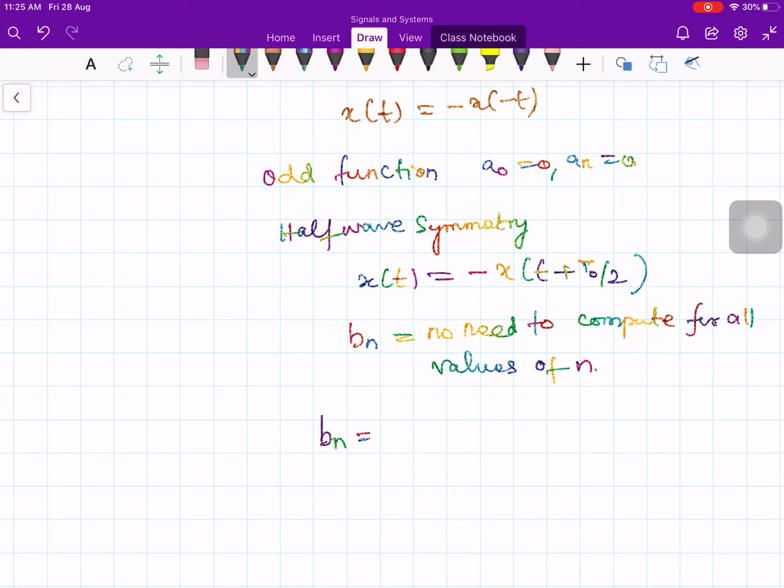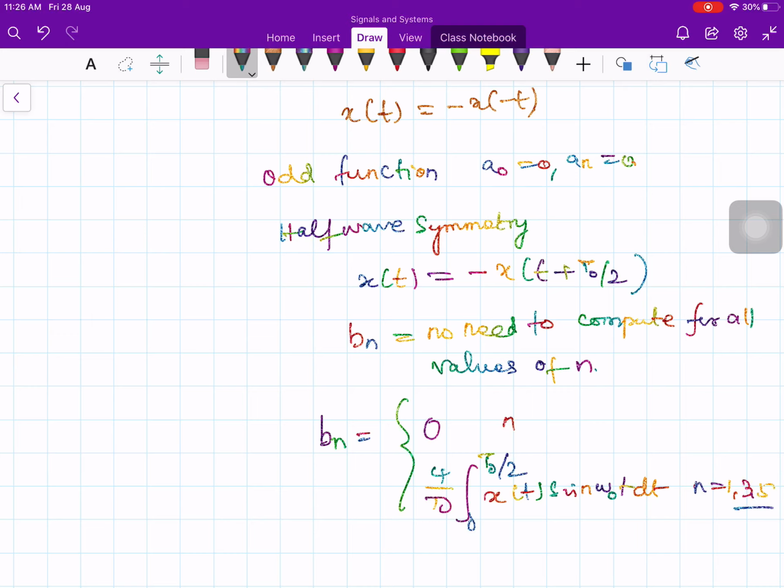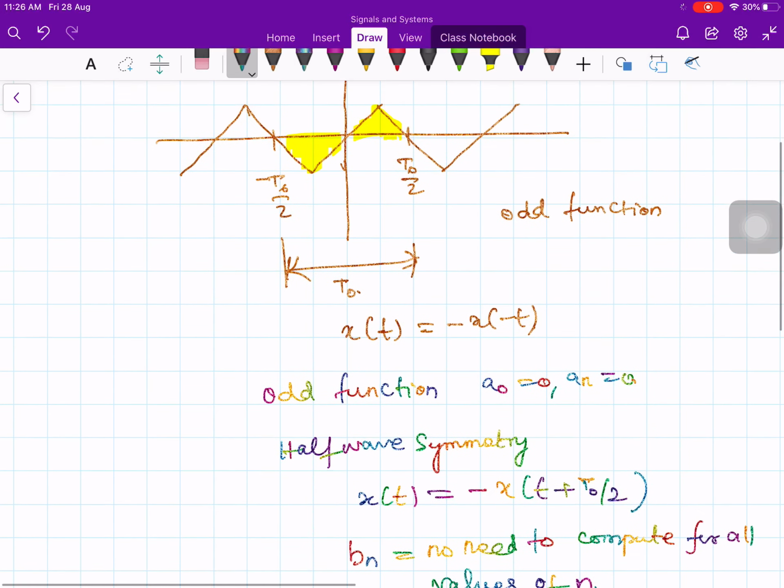So Bn is equal to 4 by t naught integral of 0 to t naught by 2 of x of t sine of n omega naught t dt, where n is equal to 1, 3, 5 and so on. Bn is 0 when n is even. So you cannot expect cosine terms, you cannot expect second harmonic, fourth harmonic, sixth harmonic and so on. Certainly not DC. Okay, that's all about the first waveform.